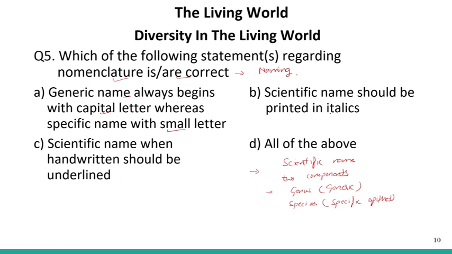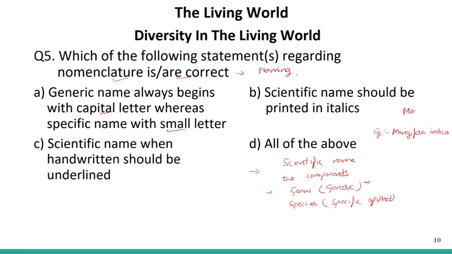Now, according to the rules of nomenclature, the generic name should start with a capital letter. Example, you can take Mangifera indica, the scientific name of mango.